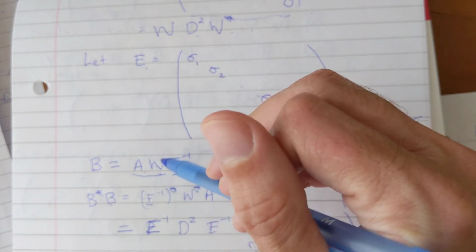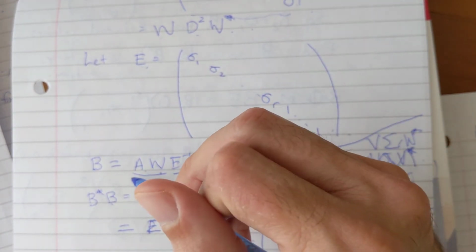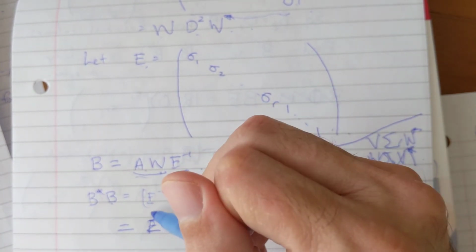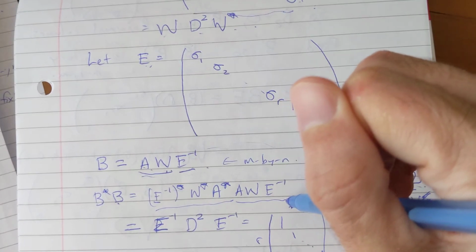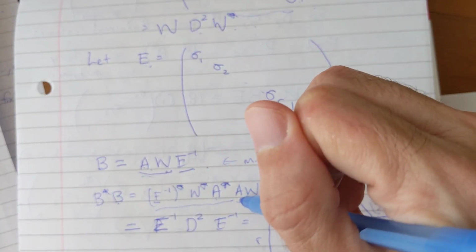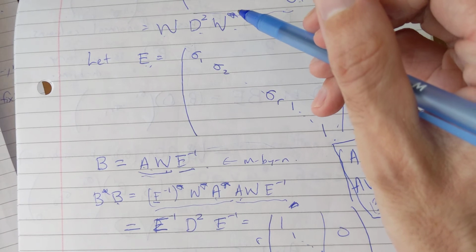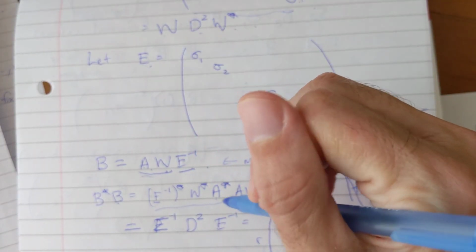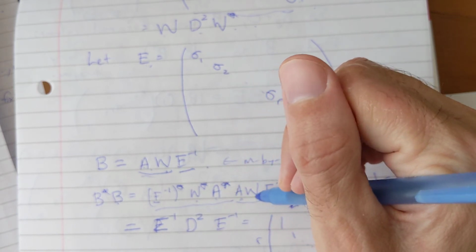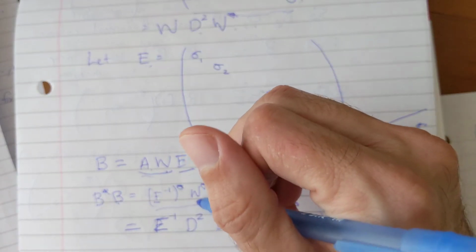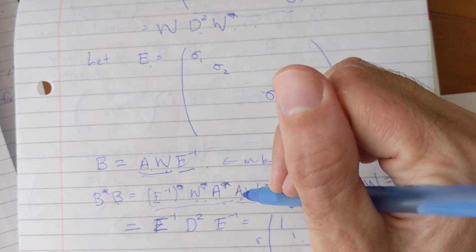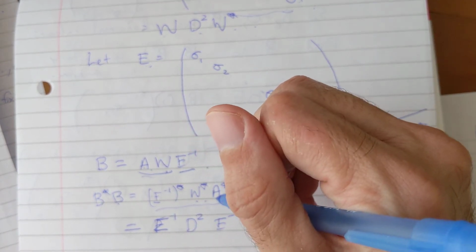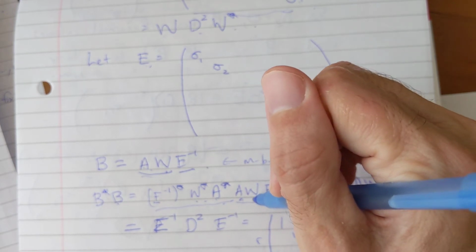So when we do B star B, B star is just E inverse W star A star, and then this is B. Now A star A is W D squared W star. So W star A star A W is therefore W star W D squared W star W. So W star W is identity and W star W is identity.